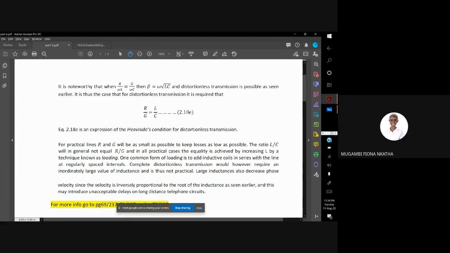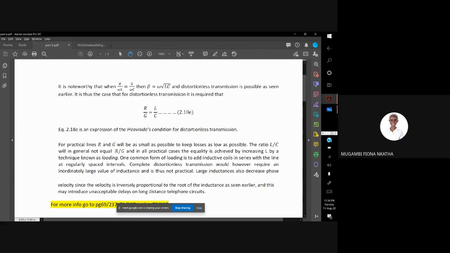One common form of loading is to add inductive coils in series with a line at regularly spaced intervals. Complete distortionless transmission would, however, require an inordinately large value of inductance and is thus not practical. Large inductances also decrease phase velocity.